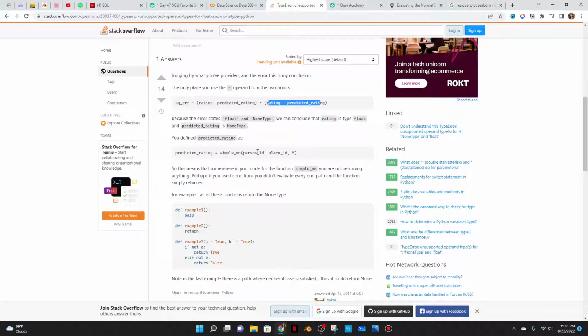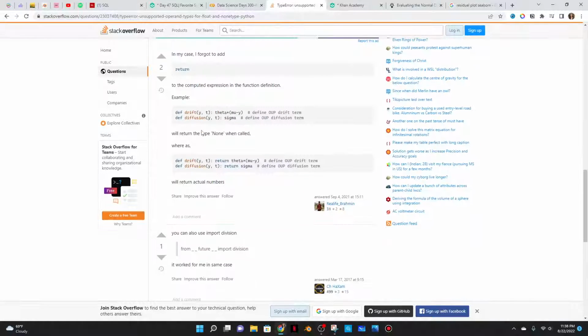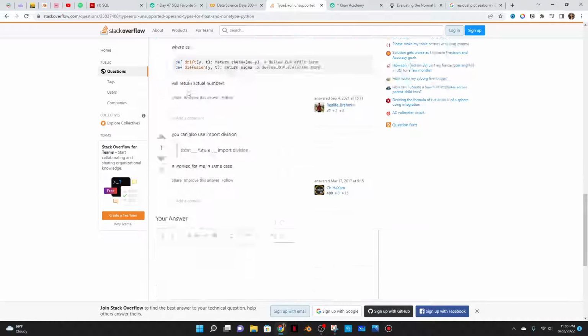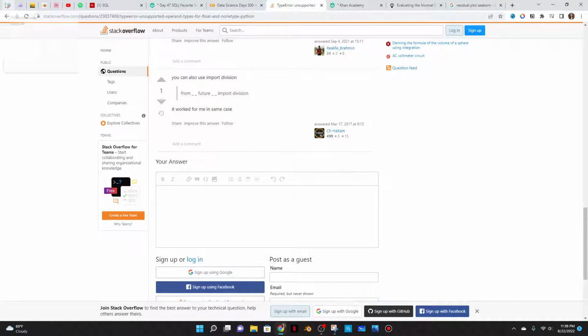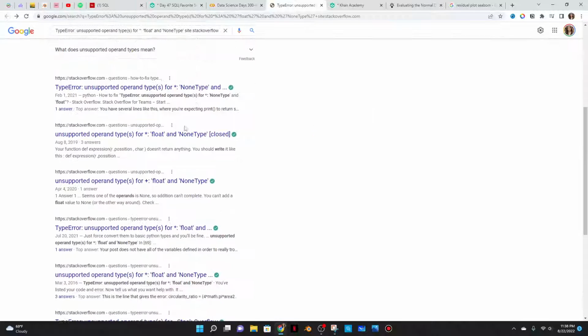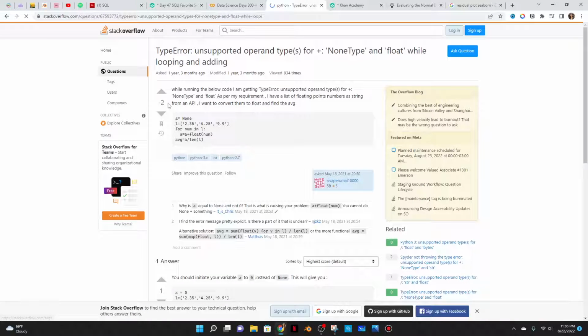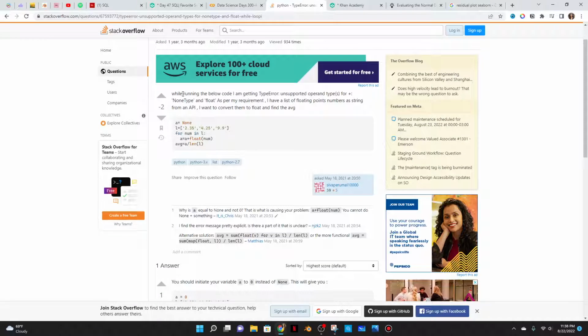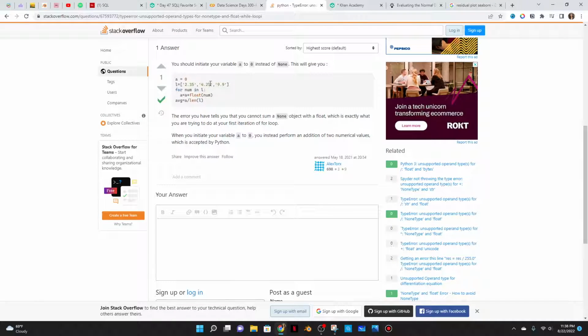That's great. All right. Type float and predicted rating is none type as what? Forgot to add return. You can also use no. When writing below blah blah blah, you should initiate your variable a to 0 instead of none.